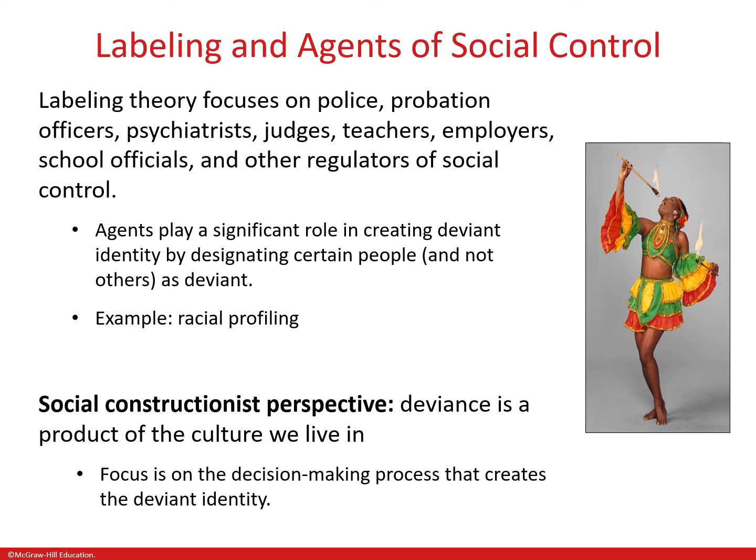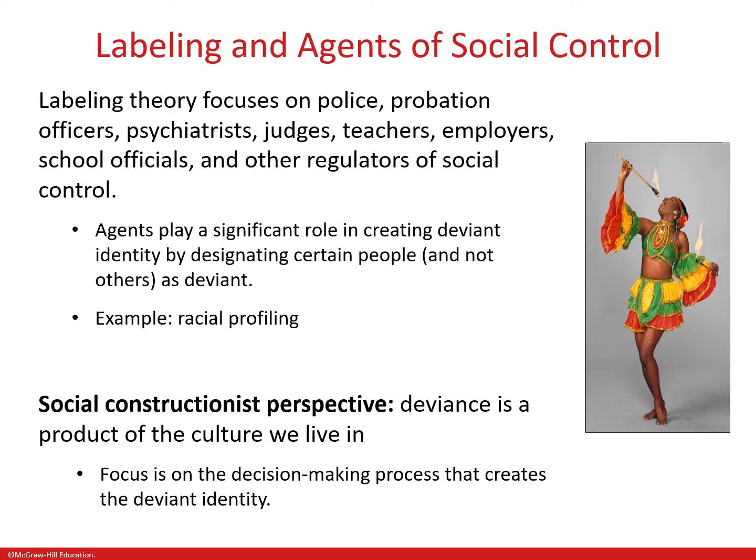One really profound example of this is racial profiling, and the laws designating certain people as illegal or undocumented citizens. When you see racial profiling based on a stereotype, that would be a really good example of labeling: the use of stereotypes in targeting specific people by an agent, such as the police.